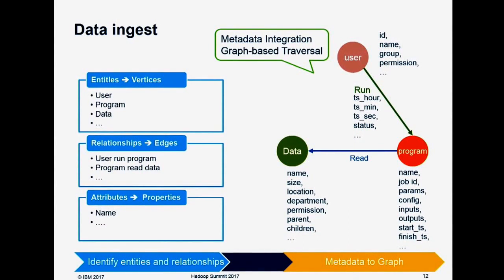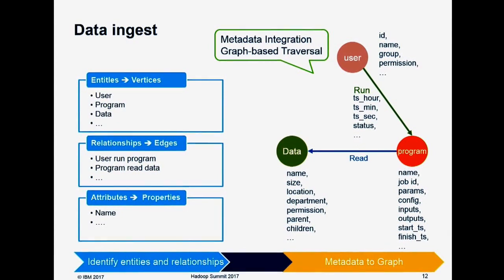So we have the vertices user, program, and data, and the user has a relationship with the program as run, and the program has a relationship with the data as read, and each of them has different properties to describe how this vertex and this edge look.